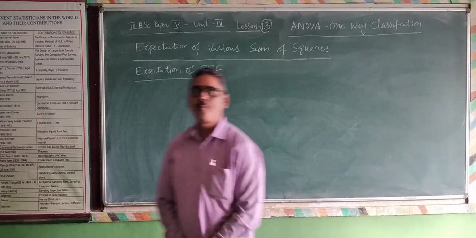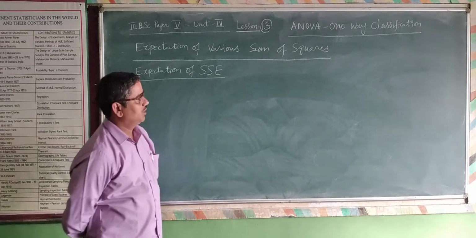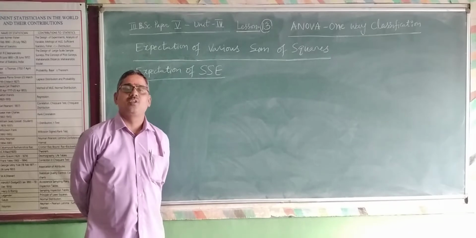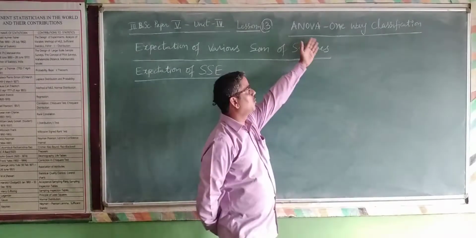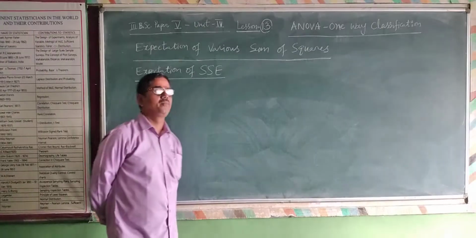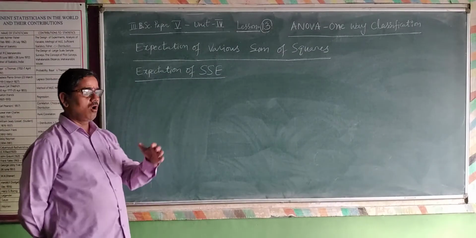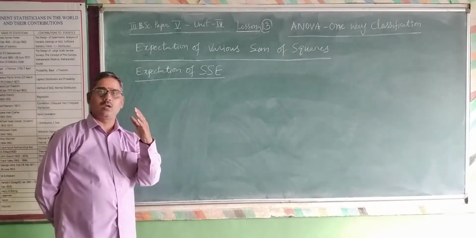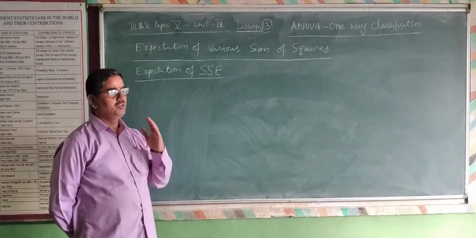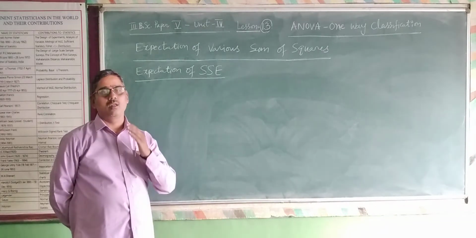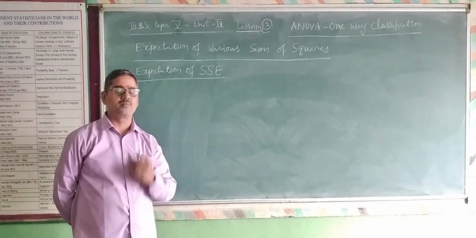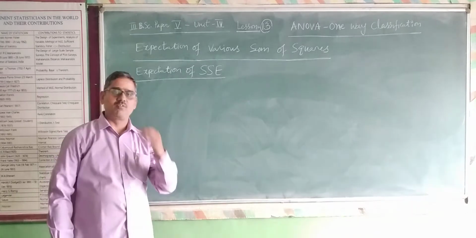Welcome back again. This is the last part of expectation of various sum of squares in one-way classification, analysis of variance. We have learned various terms and some formulas which we use in the calculation of expectation of sum of squares, SST and SSE, in the first part.